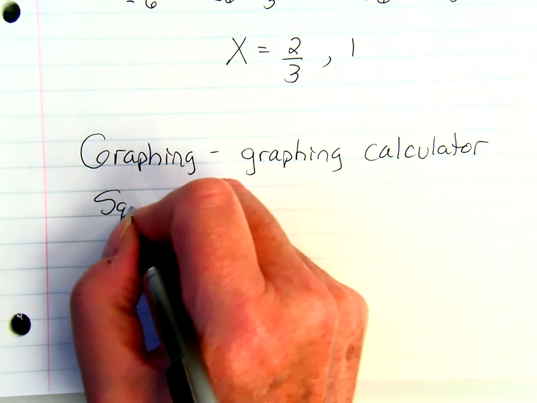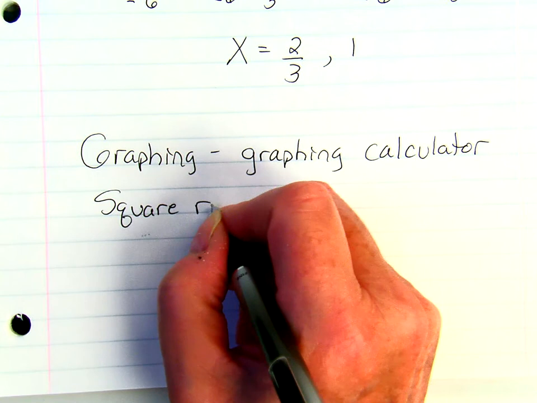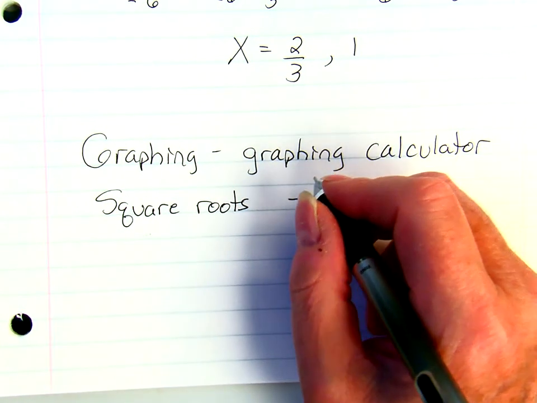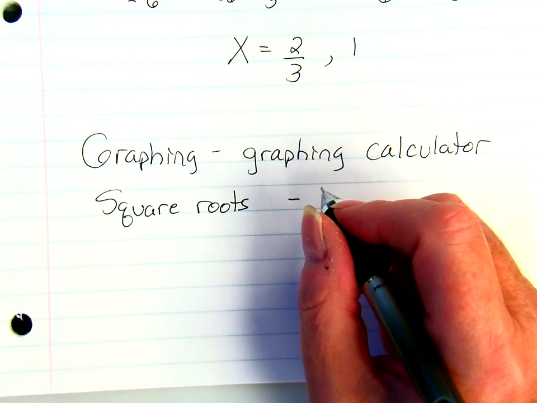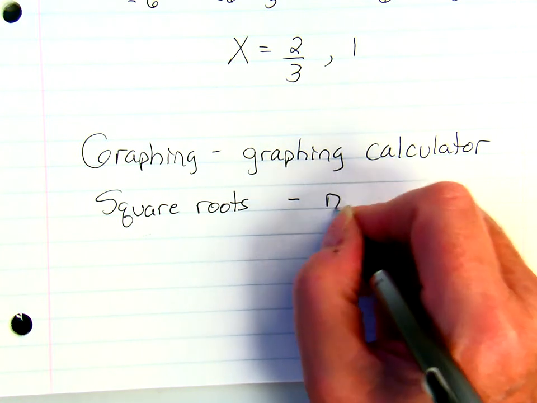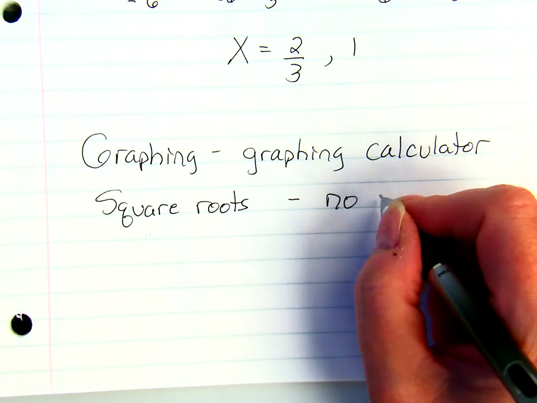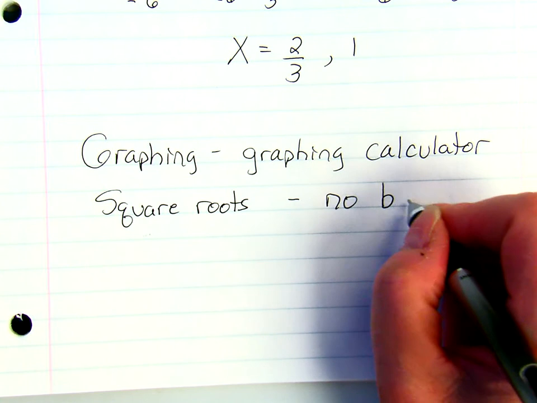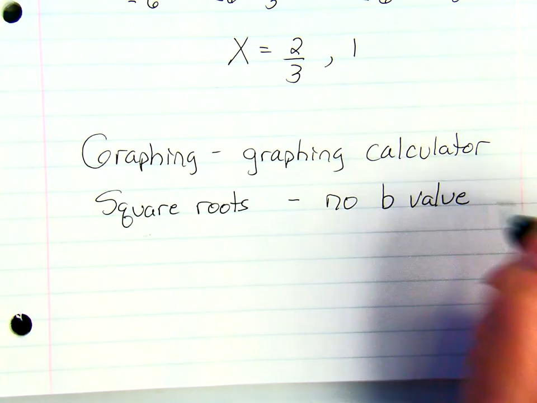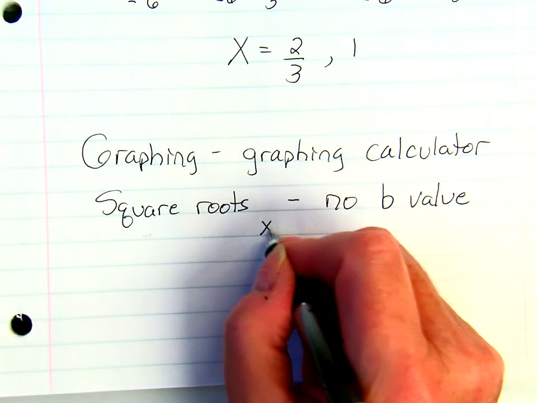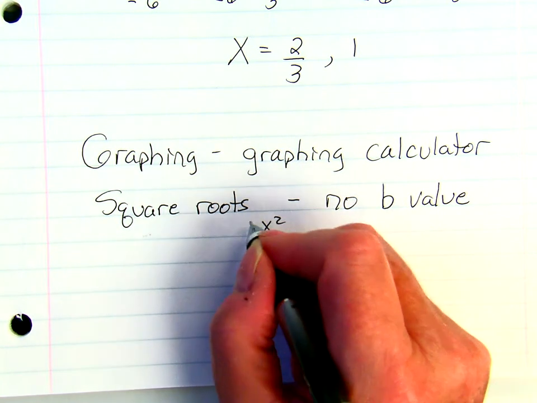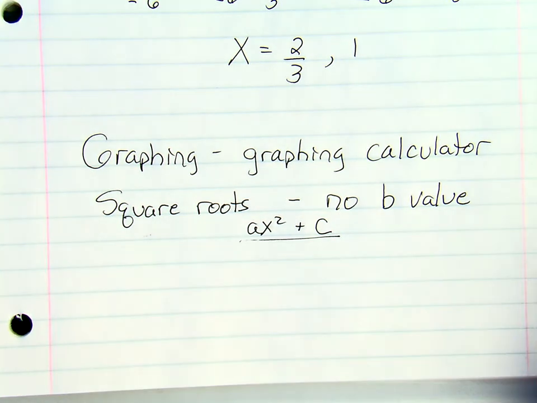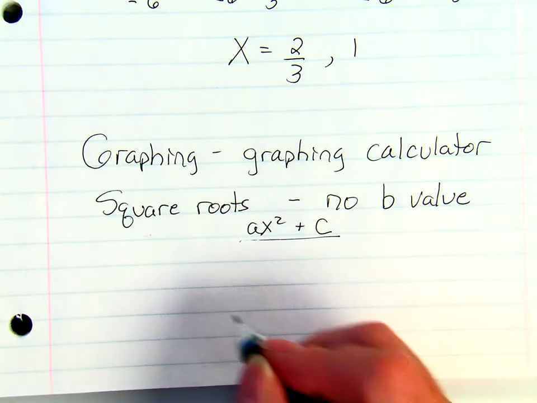Okay, so if you're going to use square roots, we did this at one point. Square roots, if you have no x term, no b value, if you are just looking at an ax squared plus c, if you are looking at this sort of thing, then go ahead and use square roots.